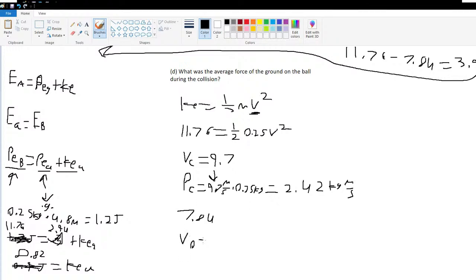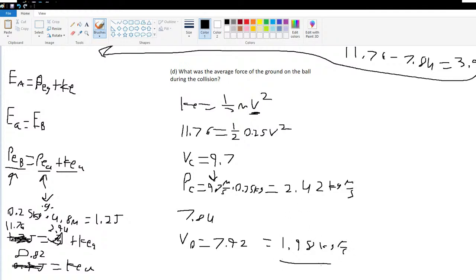Our velocity at point D is equal to 7.92 meters per second, and then that times 0.25 is equal to 1.98 kilograms meters per second.